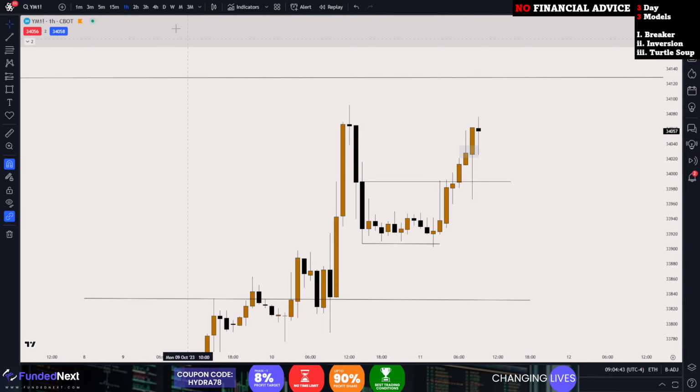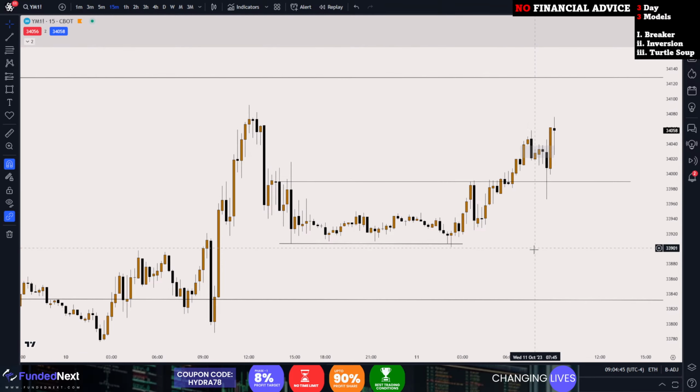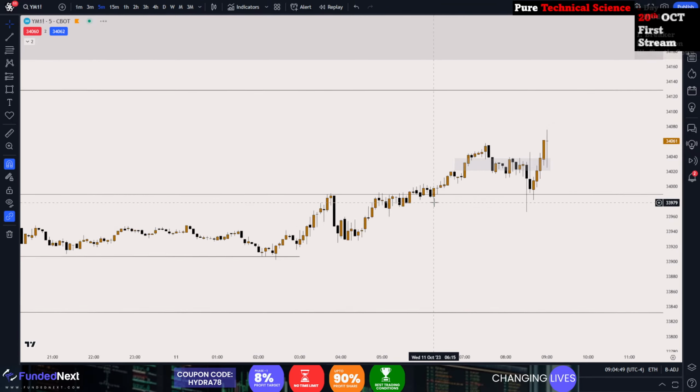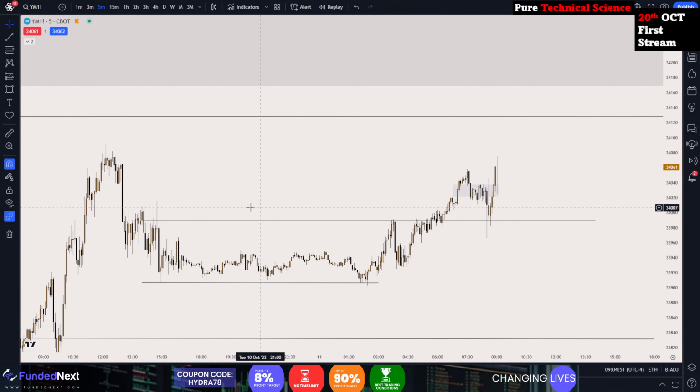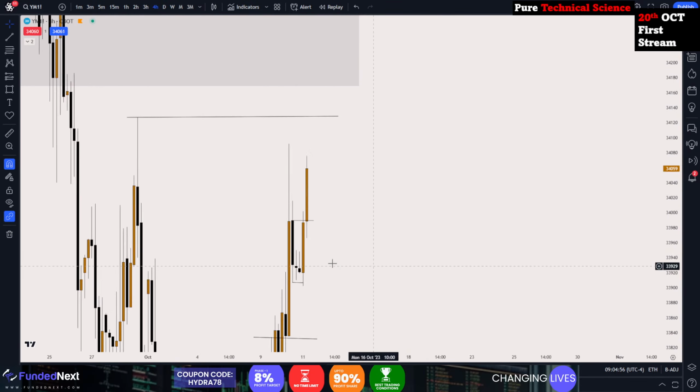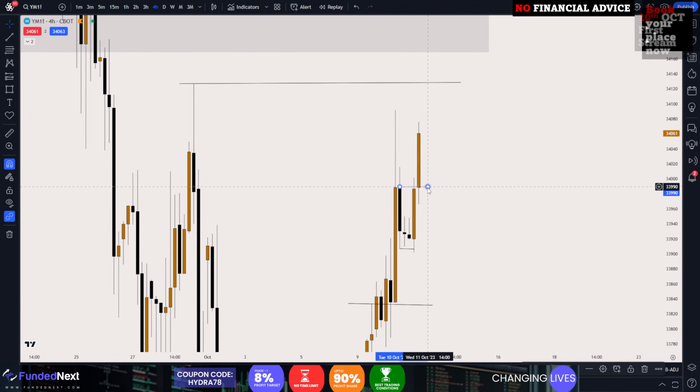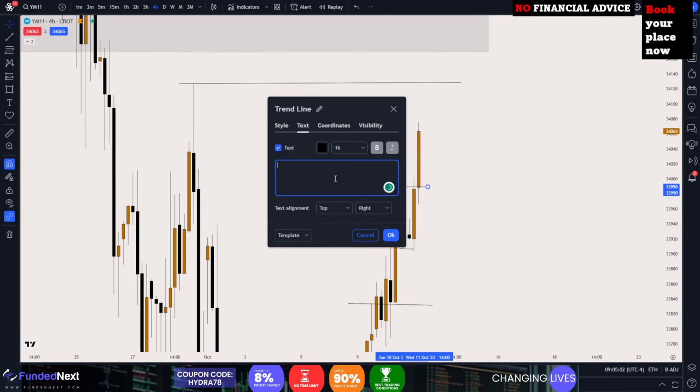This is our 8:30 delivery on the 15-minute chart. It makes more sense. Yes, on the 15-minute chart, as you can see, this black line is our breaker from the 4-hour chart. Let me mark it here. Breaker.